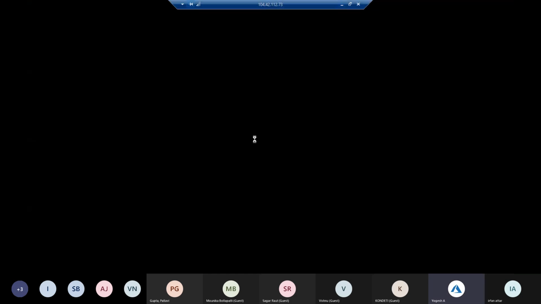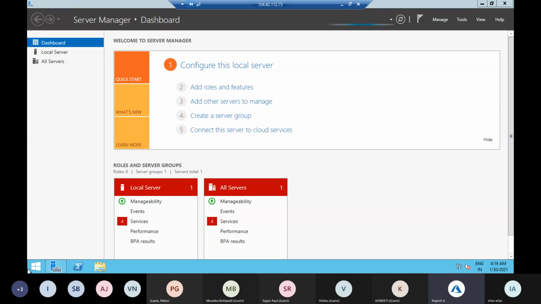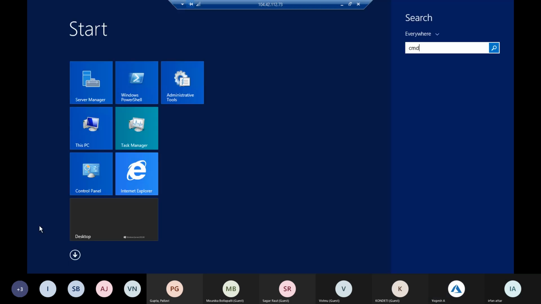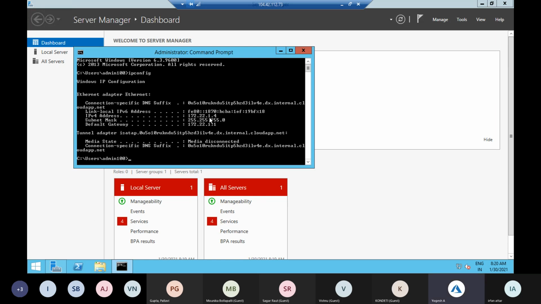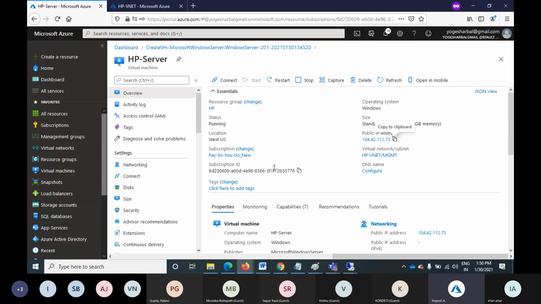So we'll reconfirm the IP address first. 22.1.4.